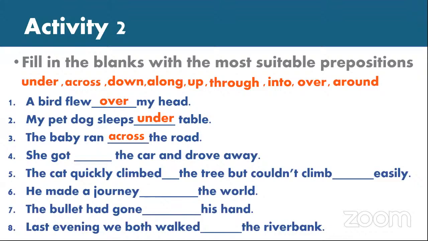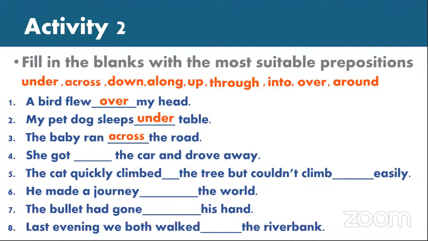Sometimes you may go wrong. The baby ran along the road, but you have to read all the sentences, then only you can find, because this one also matches the sentence, but you are given only a limited number of prepositions and a limited number of sentences.